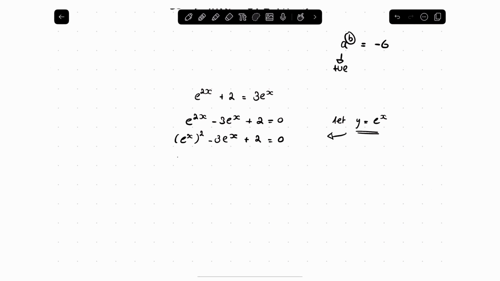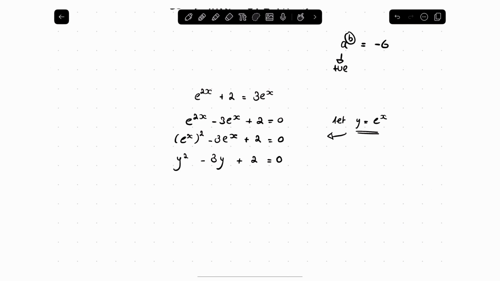So now what we have is y squared minus 3y plus 2 equals 0. This change is very neat, as now we can see that we have transformed our equation from a logarithmic one to a quadratic equation, which is fairly easier to solve.